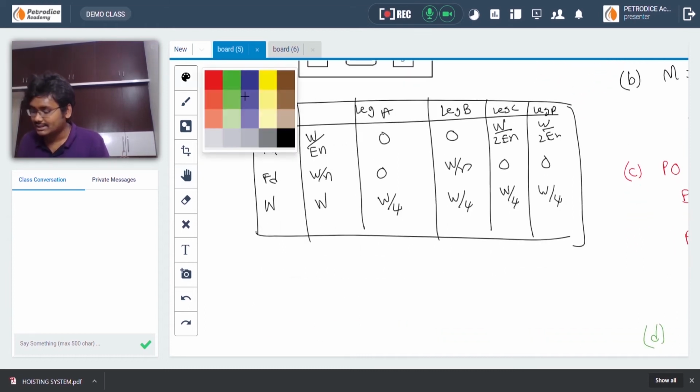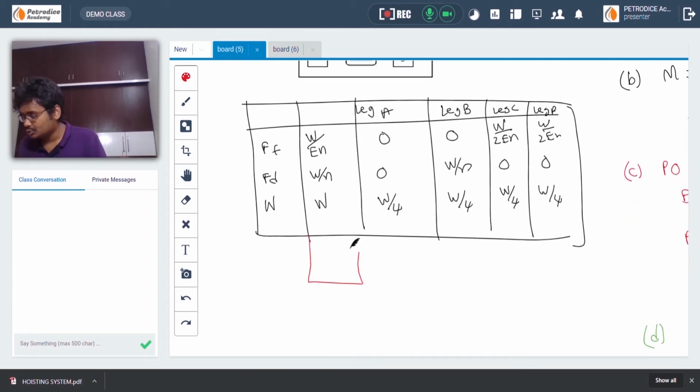Now let us calculate the total weight. This is the total derrick weight. It is given by W by En plus W by N plus W by 4, plus W by 4 plus W by 2En.